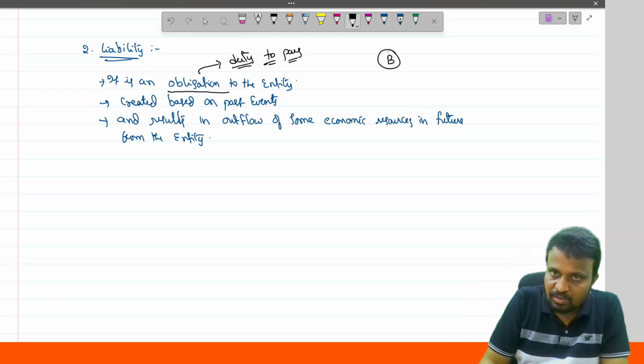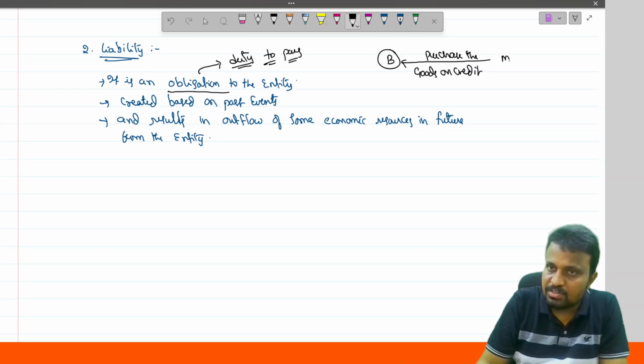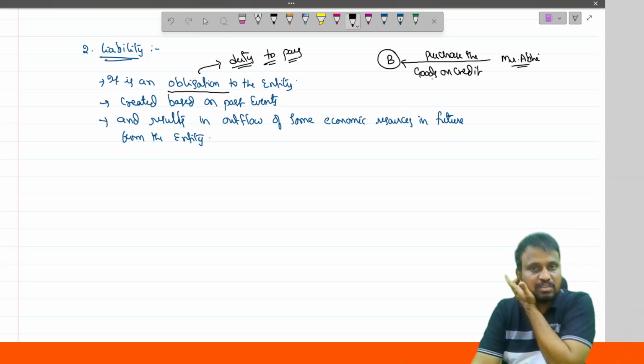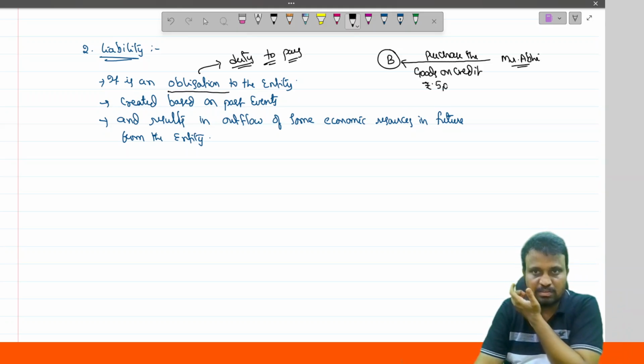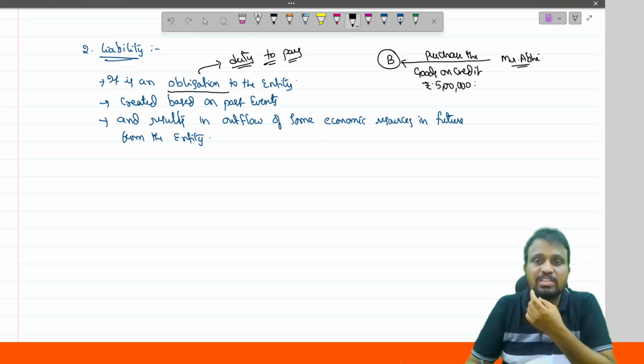For example, business purchases the goods on credit basis from Mr. Abhi for rupees 5 lakh.